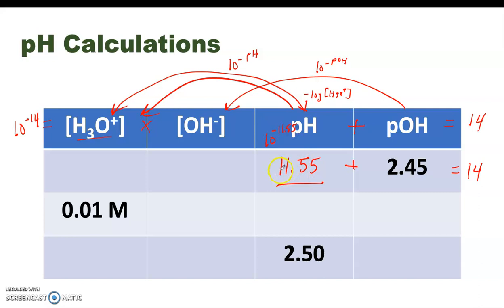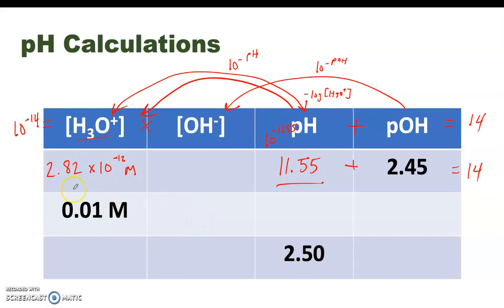So let's type that in, 10 to the negative 11.55. And what I end up getting is 2.82 times 10 to the minus 12 molarity. So that's my concentration of H3O plus.